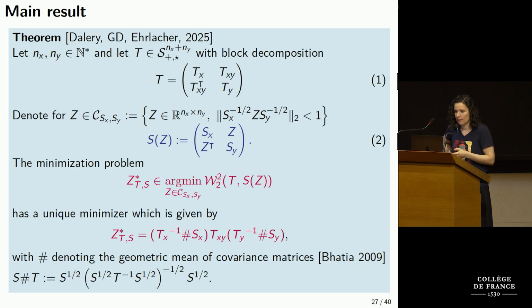And in fact, what is pretty nice is that if we look at this minimization problem, there is a unique minimizer, and this unique minimizer even has a formula, which is here. It's a bit complicated because it involves this Hoffel formula of the geometric mean of covariance matrices, but we can easily compute it.